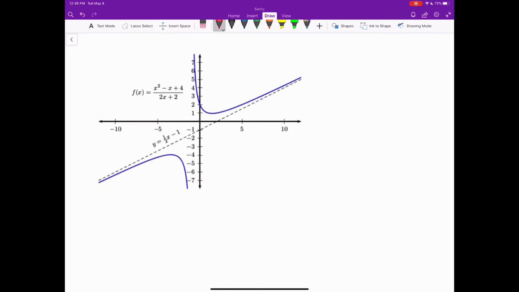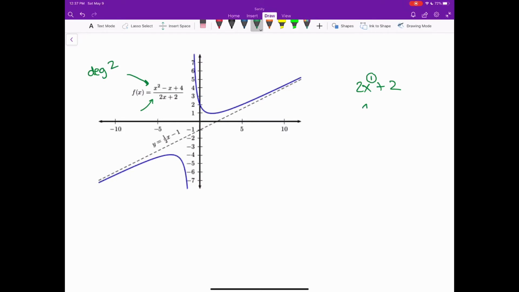All right? So I'm just going to break this down here. I'm going to use the green. x squared minus x plus 4, that's the function in the numerator. It has a degree of 2. The little polynomial in the denominator, 2x plus 2, has a degree of just 1, all right? Technically, this x is being raised to an invisible 1 there.